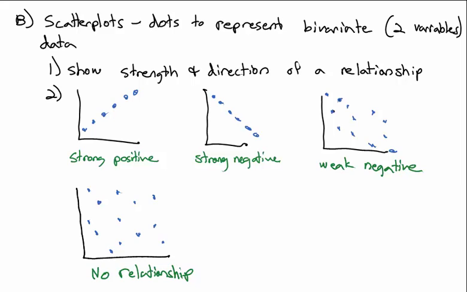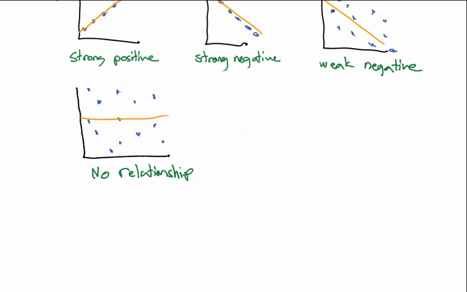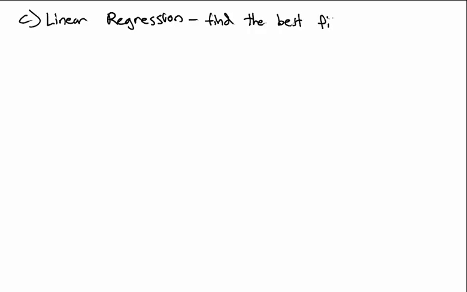Where we get into linear regression and testing if there is a relationship between variables is when we start to say, can we draw a line through the data? Finding that line we draw through the data is a process called linear regression, where we find the best fit line.